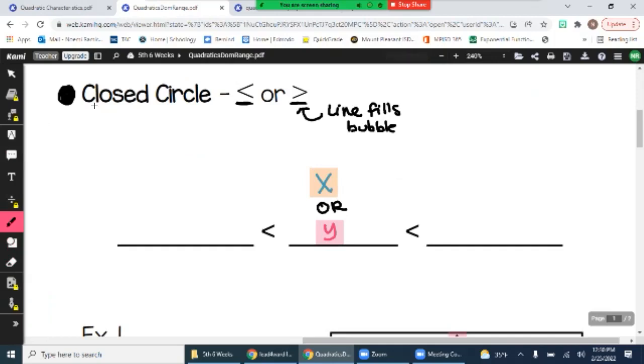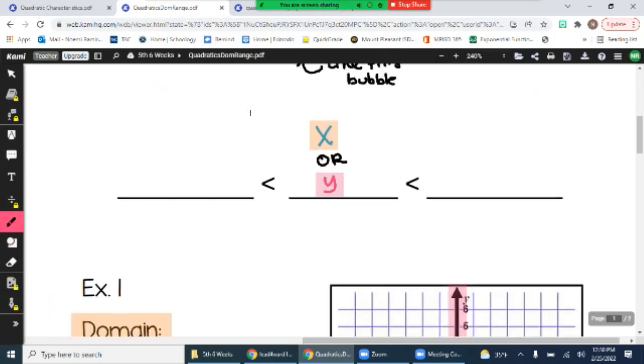Now, we had numbers on either side of these, on the left and on the right side. What kind of numbers? How did we set up those numbers? We don't write X equals on this side. No, never. What kind of numbers am I going to put on the left side? What kind of numbers do I put on the right side?